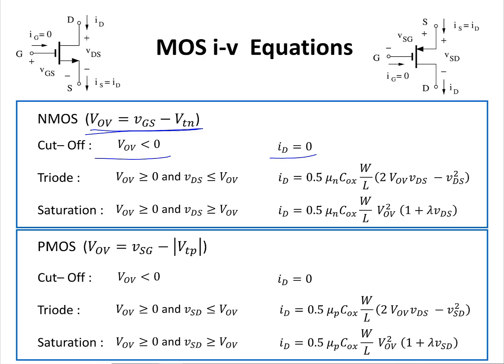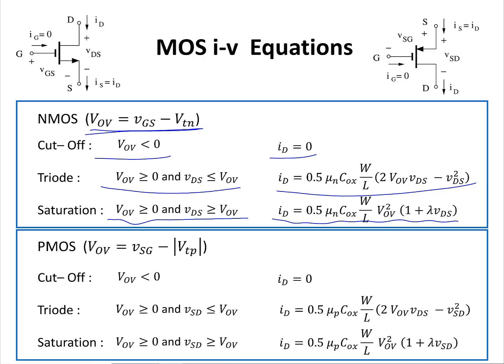When NMOS operates in the triode region, V overdrive is greater than or equal to 0, but VDS is less than V overdrive voltage. Here is the current equation for that region of operation. When the transistor operates in the saturation region, V overdrive is greater than or equal to 0 and VDS is greater than V overdrive voltage. And we're going to use this current equation for that region.